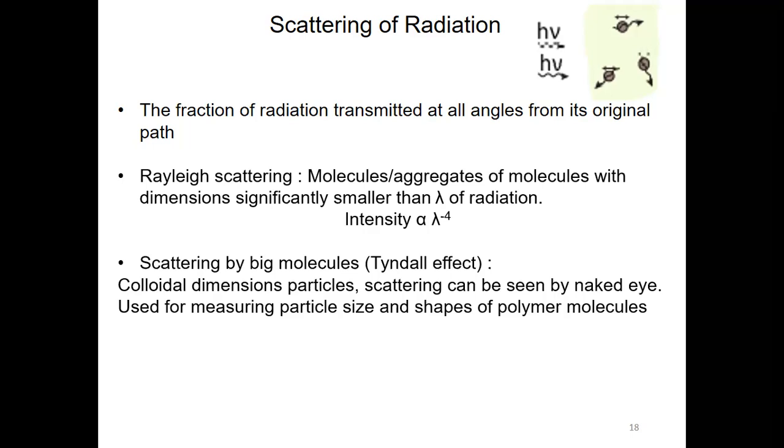The reason is that the size of the particles in that sample is really big. Therefore, we can see cloudiness, and one of the reasons for that cloudiness is the scattering from the particles, right? So this Tyndall effect can be used to measure particle size and shapes of polymer molecules, because polymer molecules are really big molecules.